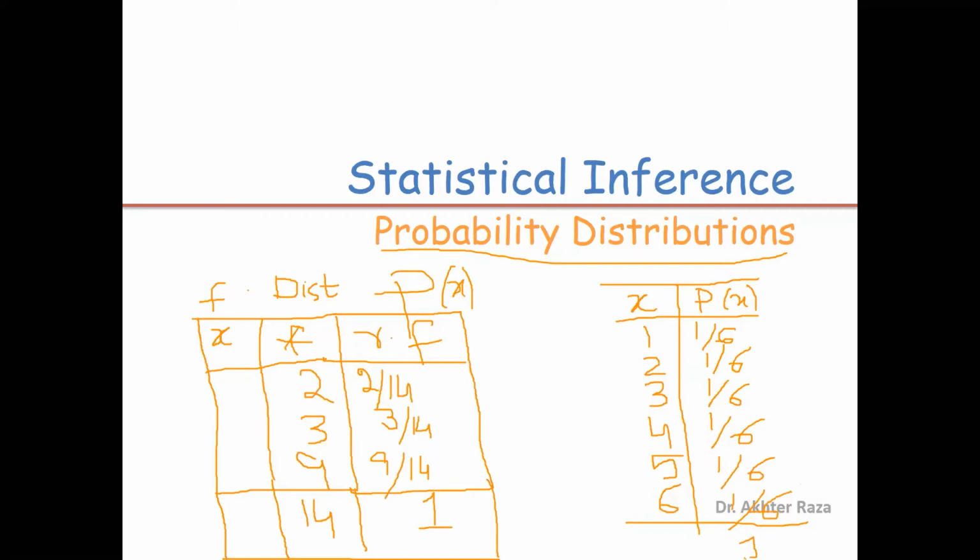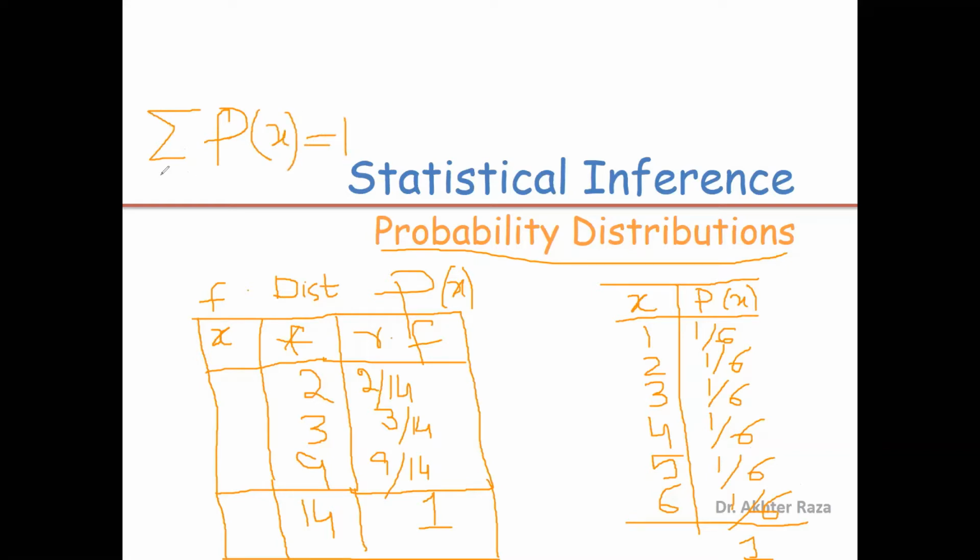So there are two conditions for a table that we can declare as a probability distribution. One condition is the total of all probabilities is 1. That is, summation p(x) is equal to 1 for all values of x.